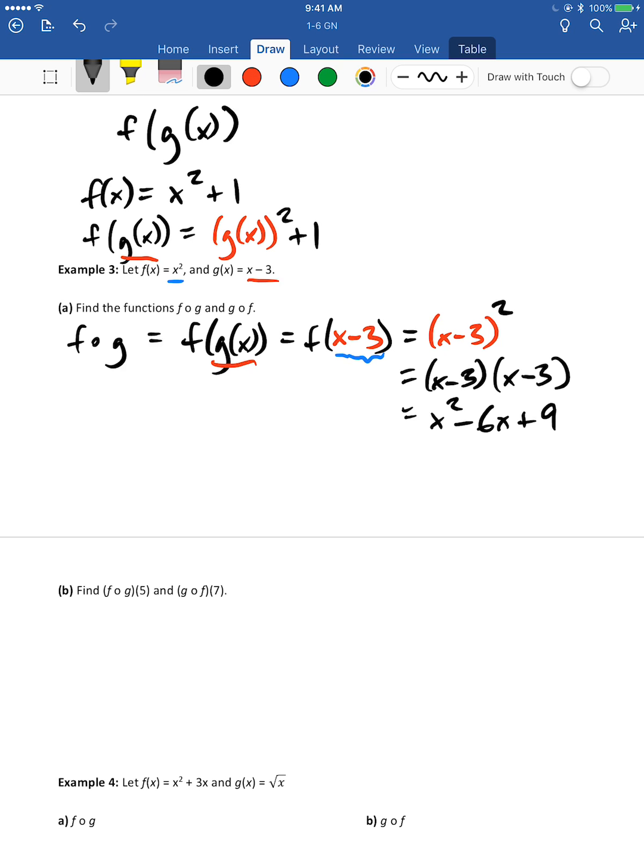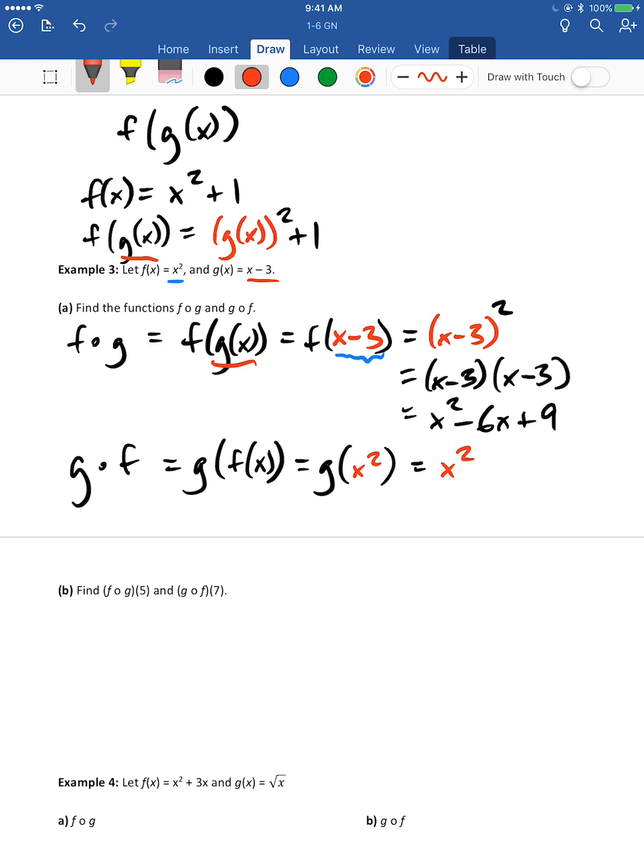G of f, on the other hand, according to our definition, is g of f of x. So now I have g of whatever my f of x was, x squared. And so now, everywhere I see an x in g of x, I'm instead plugging in x squared.